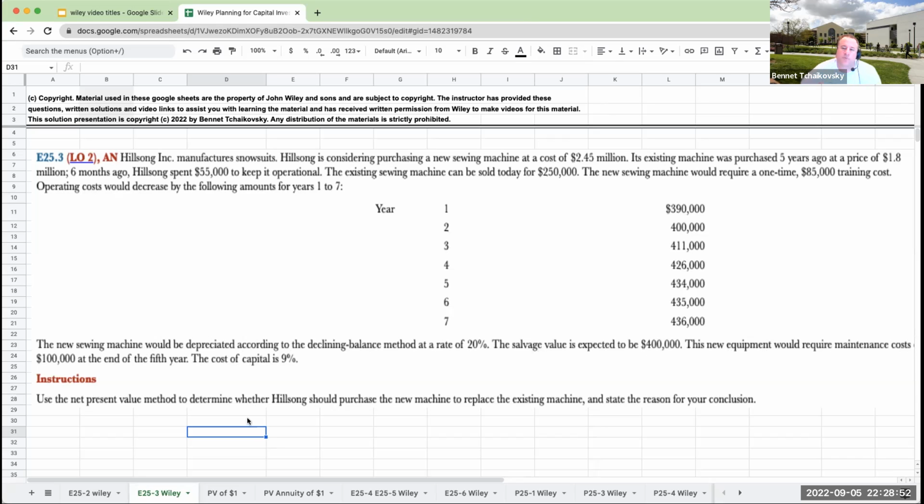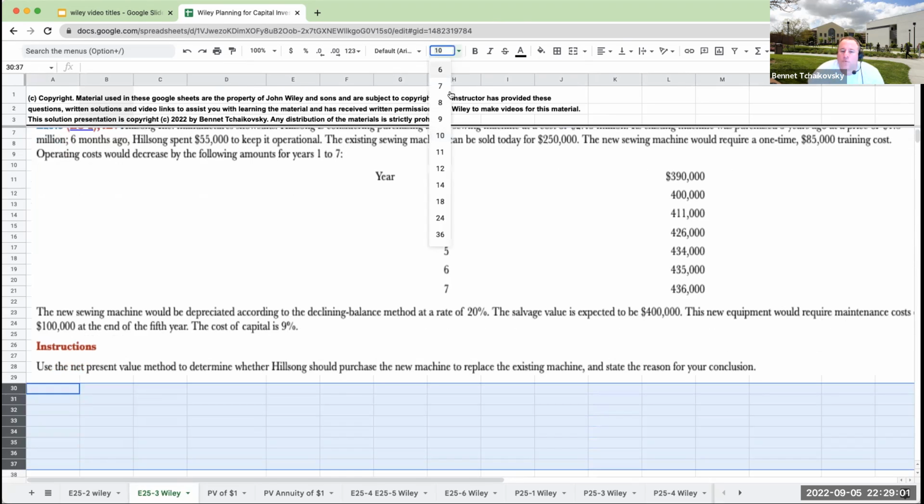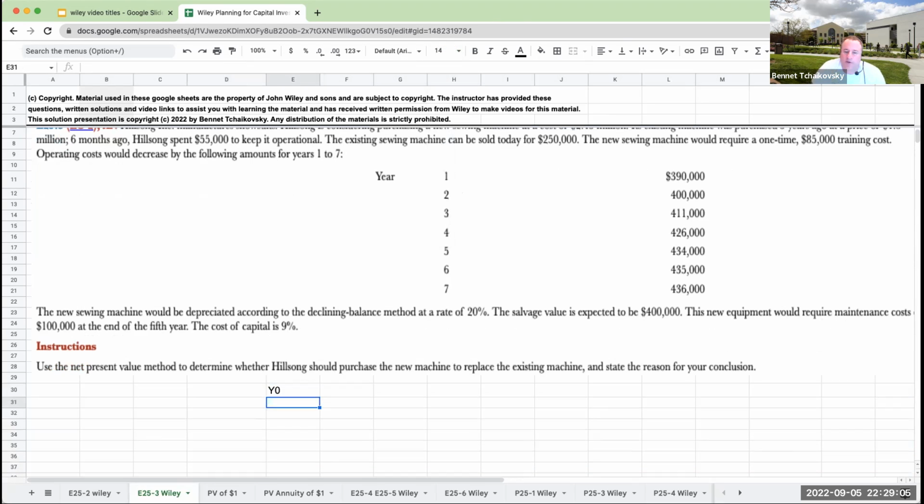So what we need to figure out is, we've got year 0, right? When we're looking at net present value, we're focusing on cash flows. So in year 0, what did we spend?